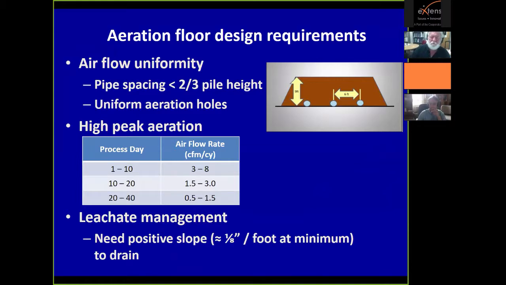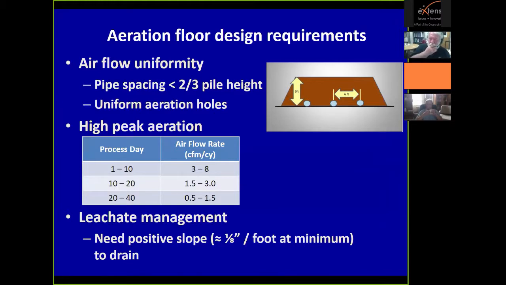You also need leachate management. These aeration pipes will fill up with water. Under negative aeration, of course, it's a significant issue because of the condensate. You even see it in positive aeration. If a pile's a little bit too wet, when it's mixed up, the free water will drain down into your piping. And what we've seen with food waste piles is that as the heat builds up from microbial actions, the heat tends to break open the plant cell walls.